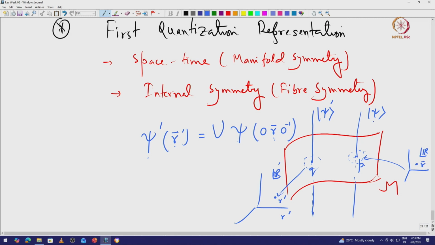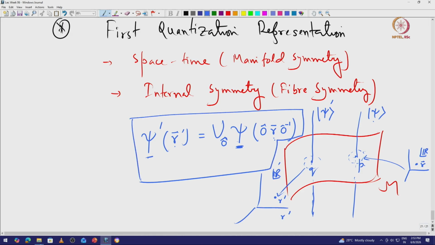So, there is a unitary or anti-unitary operator that will rotate the state in the frame basis. Okay. So, we need to think of these two things.